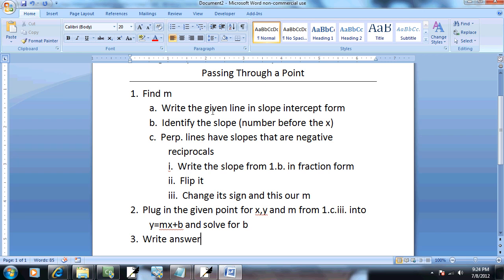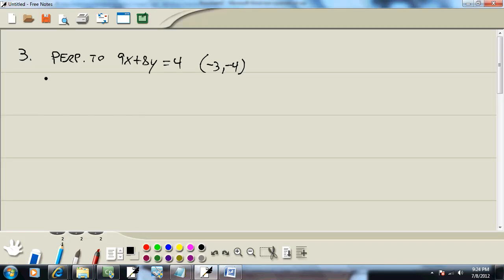Find m. It says write the given line in slope-intercept form. Slope-intercept form means we solve for y. So we got 9x plus 8y is equal to 4. I'm going to take the 9x over, becomes a negative 9x plus 4, and then divide everything by 8.